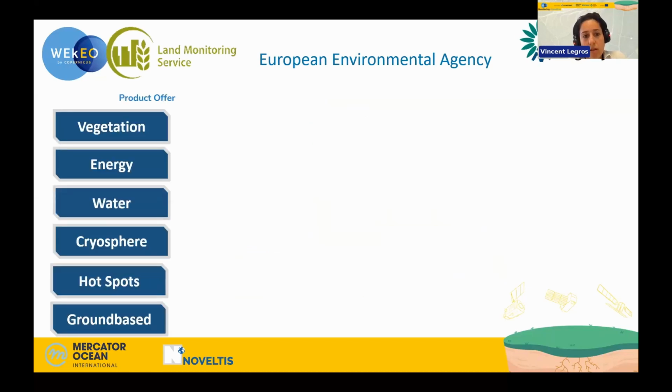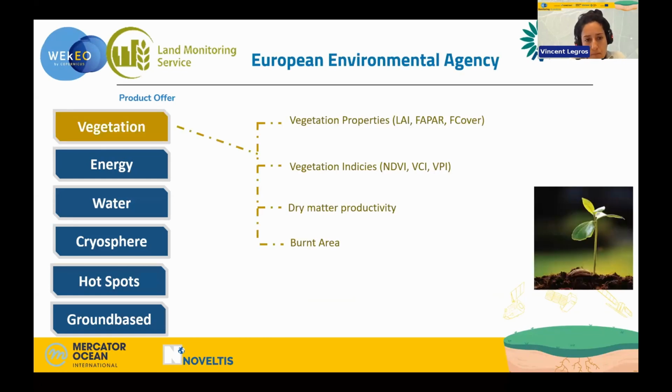So the main products you can find that are provided by the land monitoring service are related to vegetation, energy, water, the cryosphere, or the frozen parts of the earth, and hotspots, which are key areas that are considered with a high risk on the globe, and ground-based.